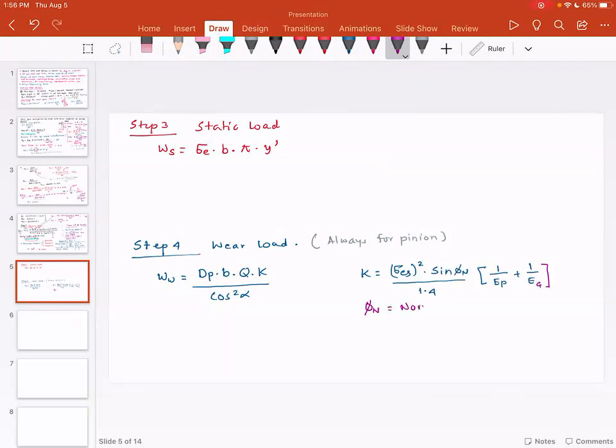Then there is the normal pressure angle, and the equation for it, which I gave you, is tan phi n is equal to tan phi multiplied by cosine alpha.